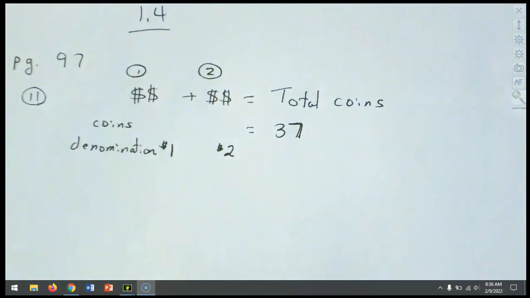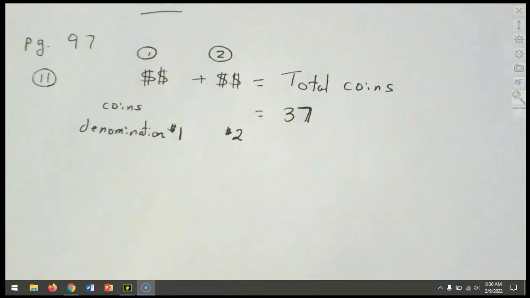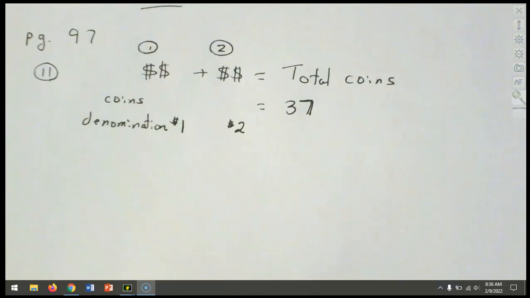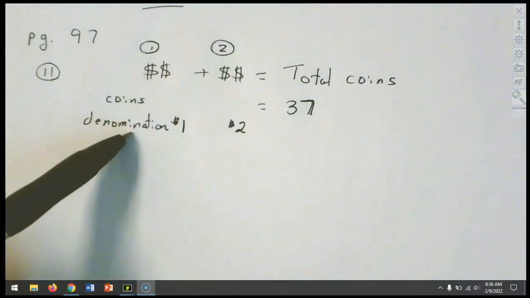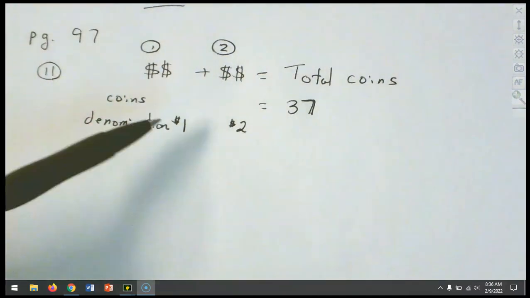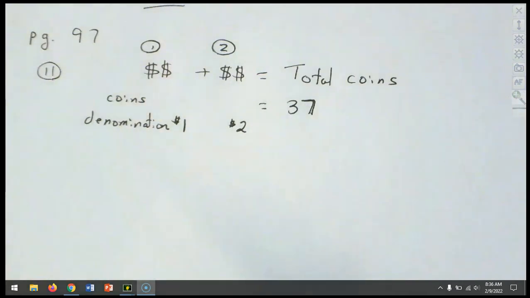Now that value, that's like the pure, or the interest that we did in the investment problem. So that's going to be a different part. That $51 is going to be used in a moment. But right now, we want to know how many coins we have and how much are these coins worth each. So they're worth $1 or $2, and we have a total of 37 of them.